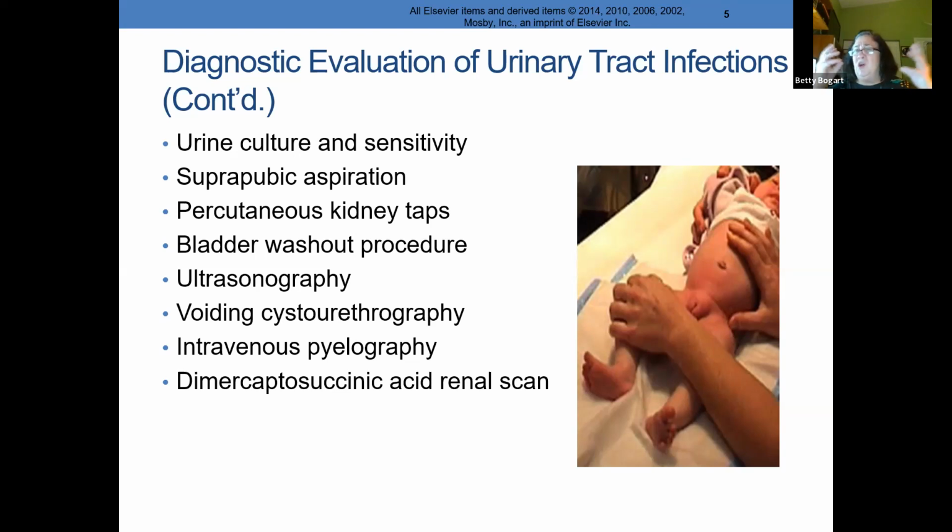Maybe the ureter is kinked, or maybe the valves are tightened or loose and it's allowing backflow. Who knows? But that's usually what's done. They'll inject dye through a Foley into the bladder, and they'll watch it go up and down if there's reflux going on. The intravenous pyelography, which is an IVP, many times is done for renal calculus, kidney stones.